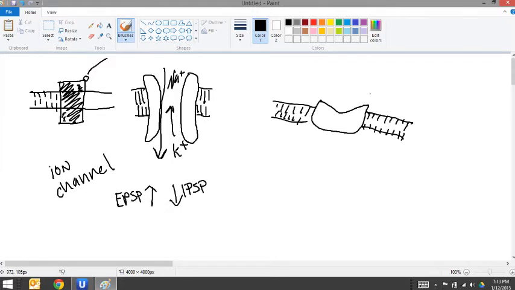So you have something that comes in and it binds here. Let's say it's a neurotransmitter. But then what happens is this channel does not simply open. What the G protein coupled receptor does is it initiates a whole sequence of downstream effects.